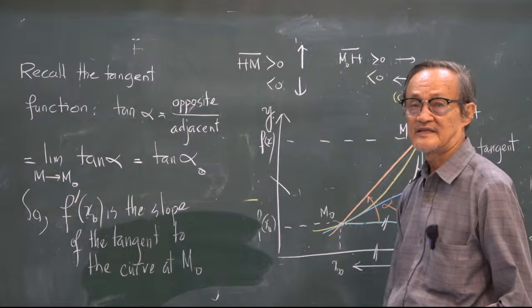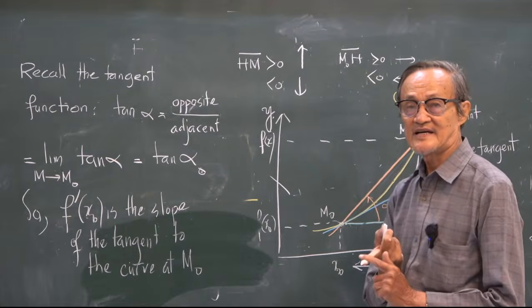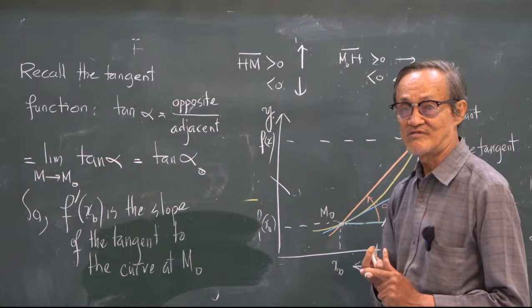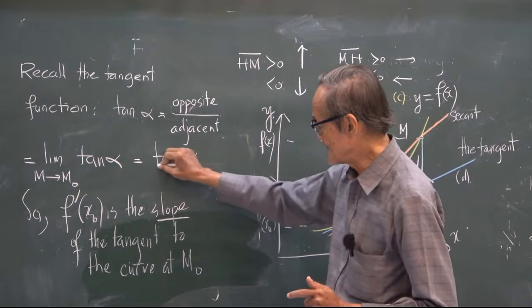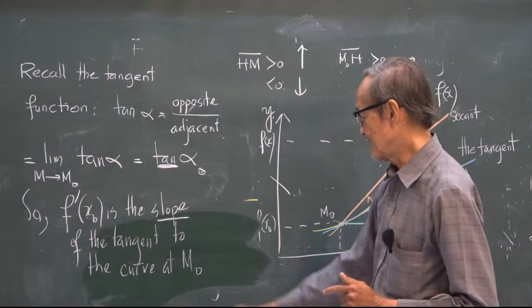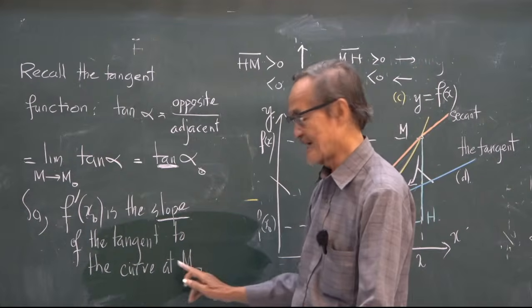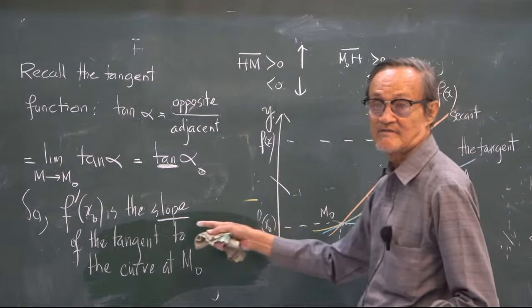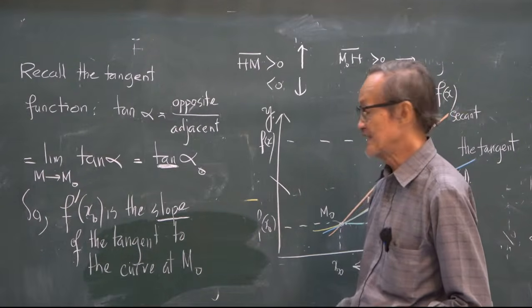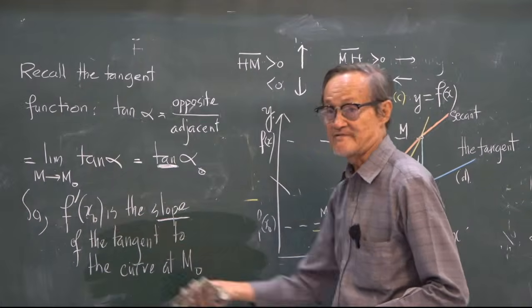Okay, f prime at x0 is the slope. Slope means tangent of the tangent to the curve at M0. This is the geometric meaning of the derivative.